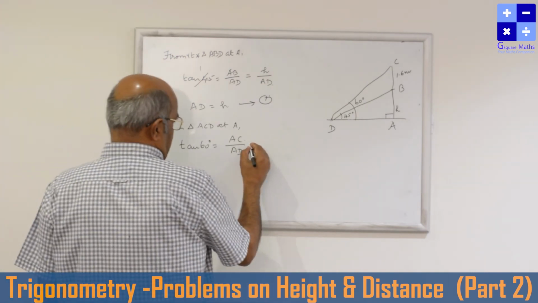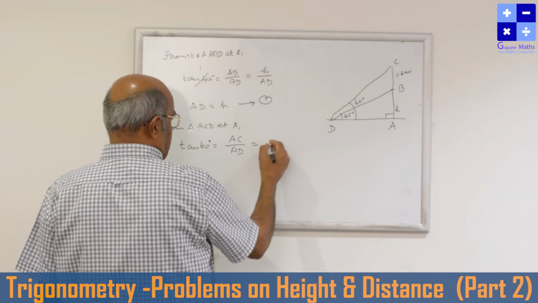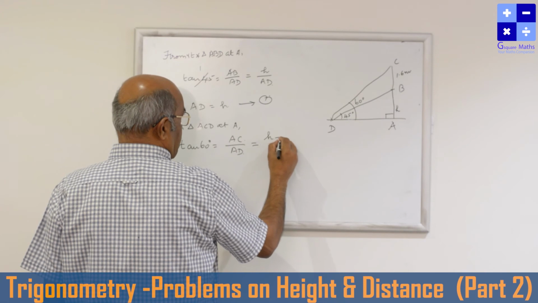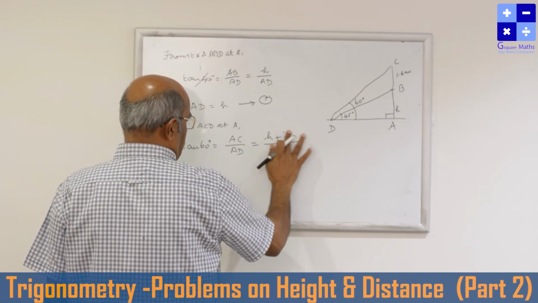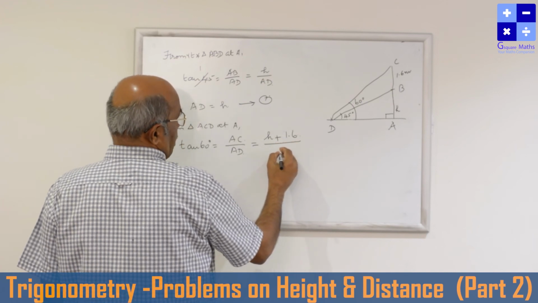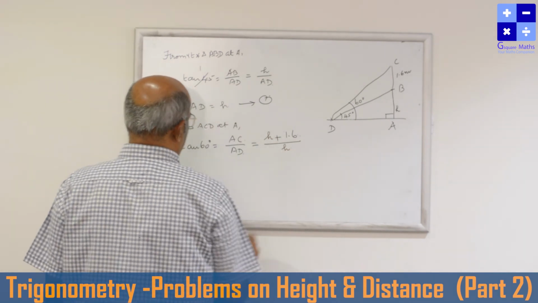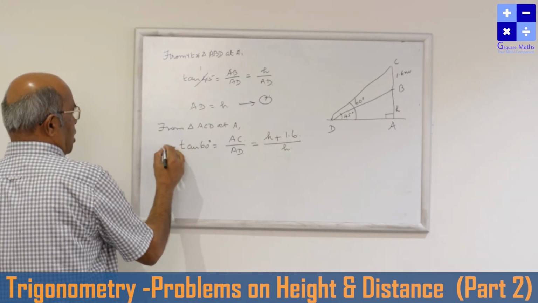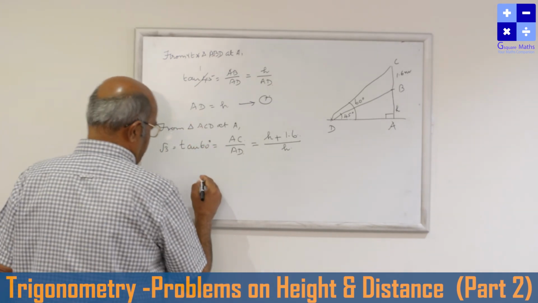And AC is nothing but AB plus BC. AB is what we assumed, which you are asked to find out, and BC is the height of the statue, that is 1.6. By AD, we already calculated from equation 1, that is also H. And this value is equal to root 3. Just cross multiply and get the value.